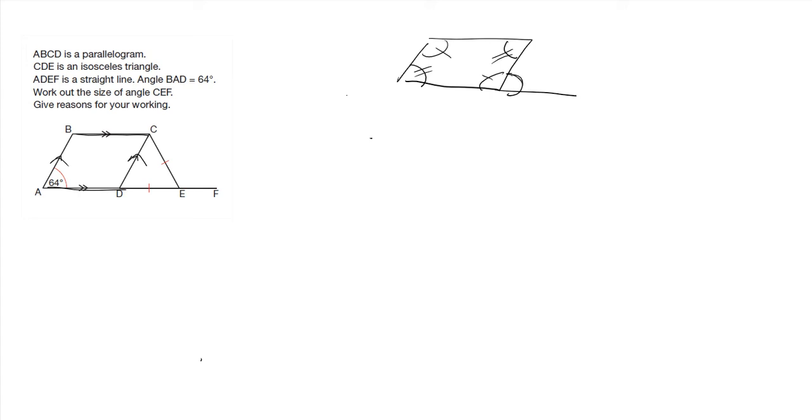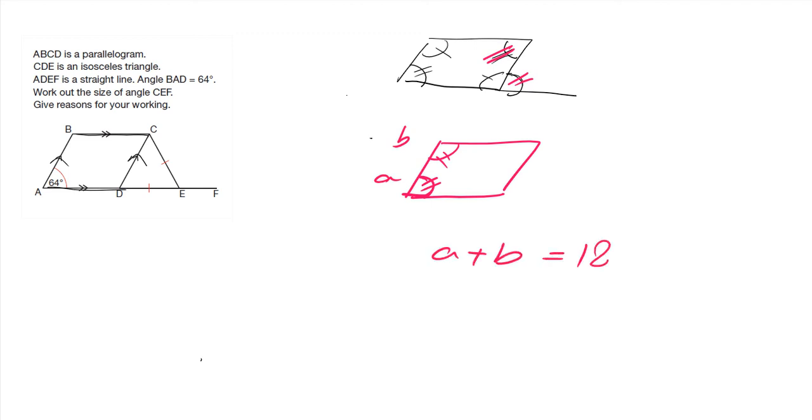These two will also be equal to each other. So you have to keep these things in mind. And in a parallelogram, the corresponding angles will be equal, like this one and this one. Let's say A and B. When you add up these two together, it will give you the sum of 180 degrees. Alright, so keep this thing in mind and do your question according to this.